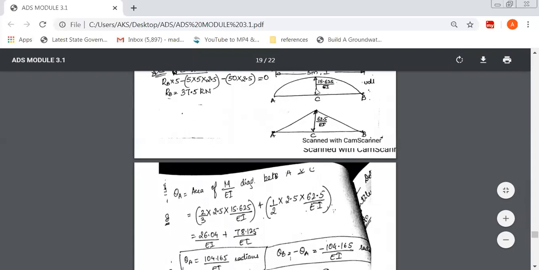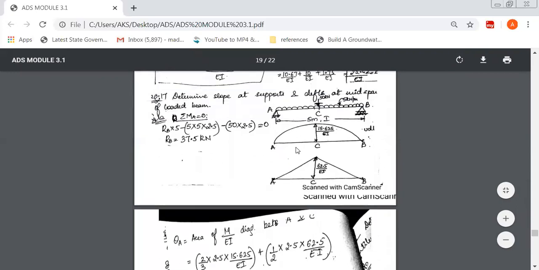The area of a parabolic curve is given by 2/3 of base x and height y. X is half of 5 meter, that is 2.5. This distance between A and C is 2.5.